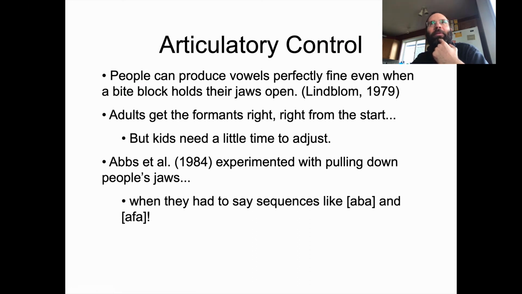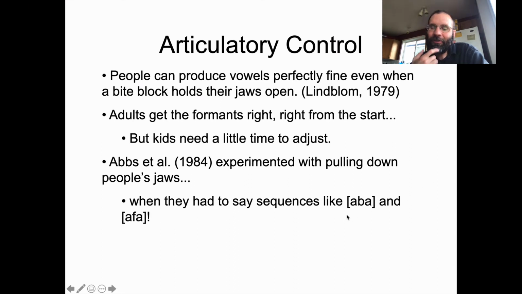So they were able to put a device on the point of a person's jaw here that I mentioned before, and when they were trying to say sequences like ah, ba, which involves lifting your jaw up and down, when they were supposed to get the timing of pushing the jaw up for the ba, they would push it down with this device. I can't really do it with my finger, which is why they had to use something mechanical.